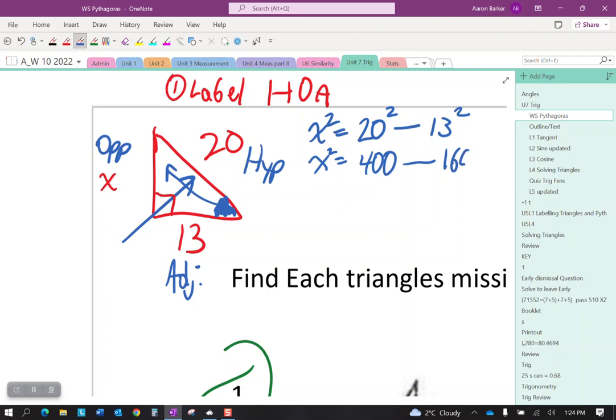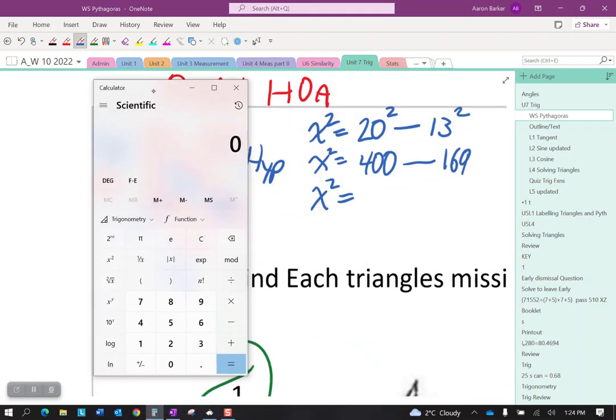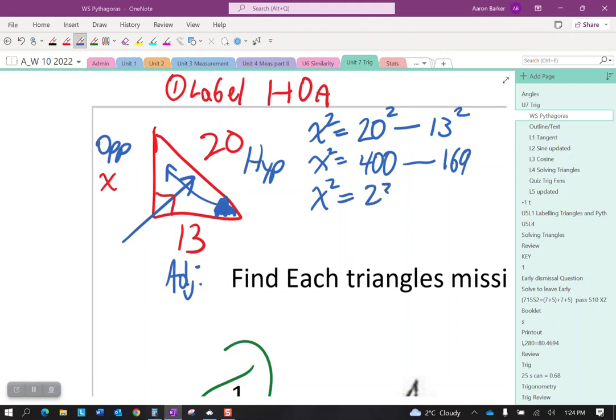Good, 169. Okay. And now you do your subtraction. Right? 20 squared is 20 times 20. And I don't know this one, so I'm definitely going to use my calculator and go 400 minus 169. That equals 231. Okay.